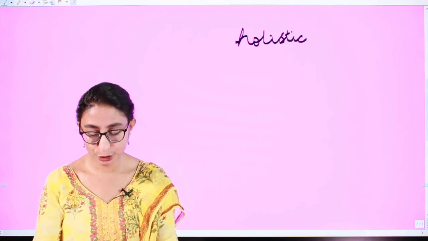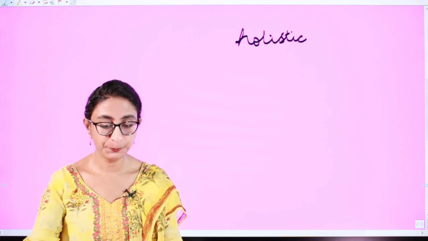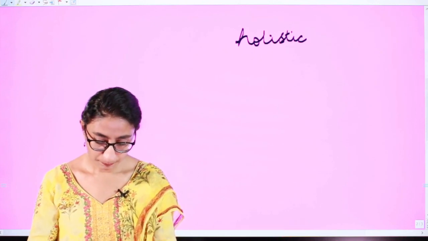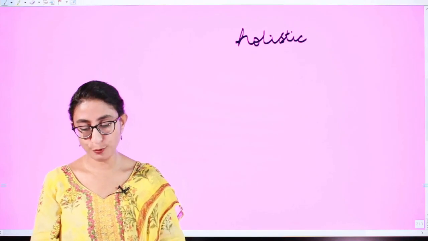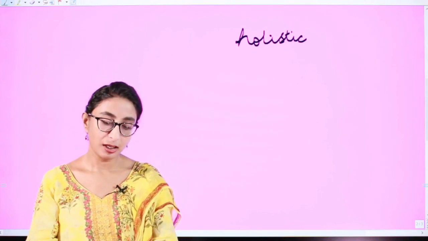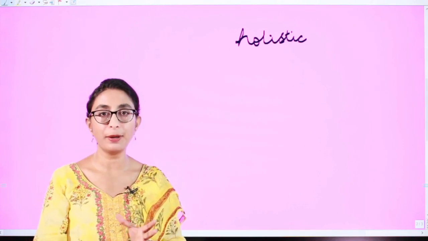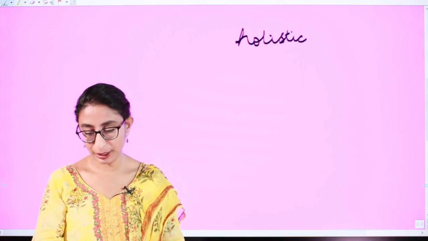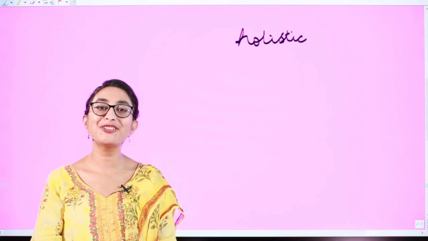I'll be discussing most of the topics in genetics and physical anthropology, like chromosomal aberrations. The majority of the topics in physical anthropology in paper 1 which come under the genetics part will be discussed by me. In addition to that, I will also be discussing a few important culture theories.